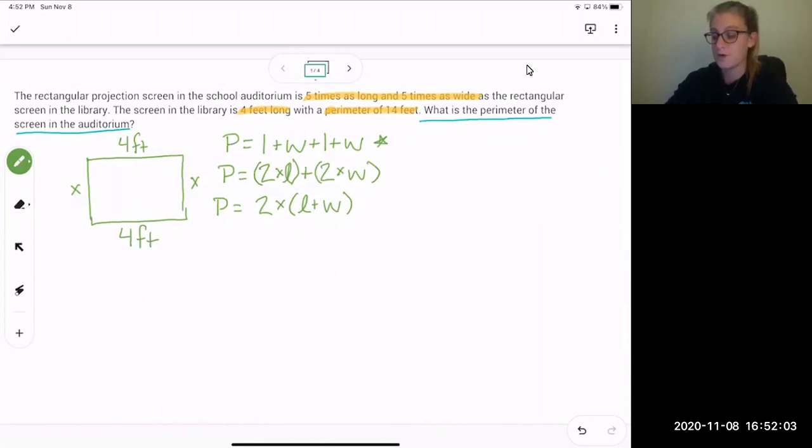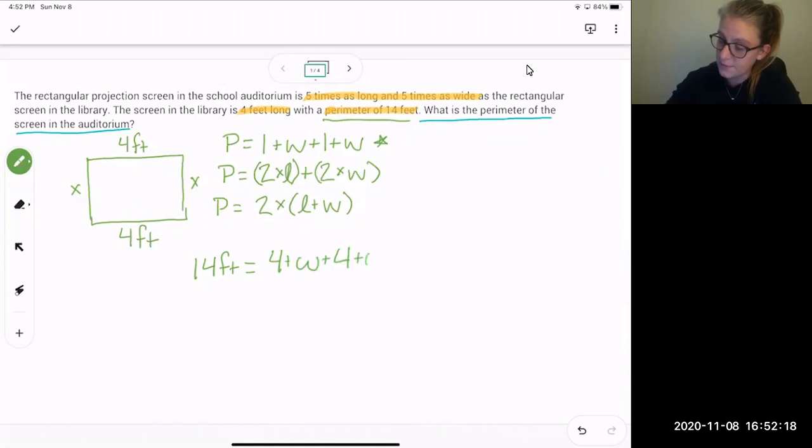We know the perimeter is 14 feet because it tells us that in the problem. Perimeter is 14 feet. So 14 feet is equal to 4 plus W plus 4 plus W. Well, I can put my two 4s together to make 8.